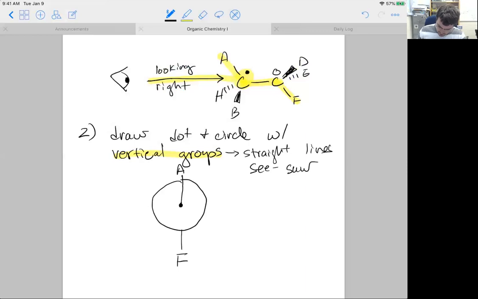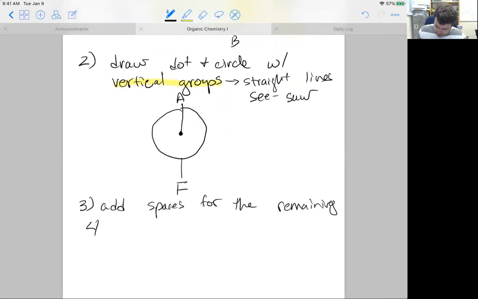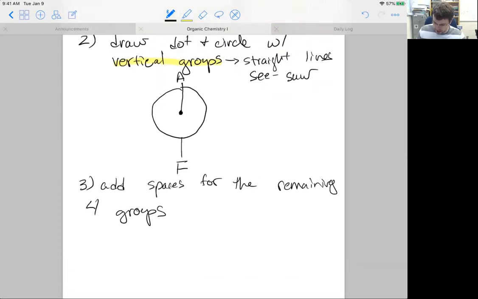So then what we do is we add spaces for the remaining four groups. And this is something that I do because it makes sure that my Newman projection is fundamentally correct. That is, if I have a dot in a circle and A is pointing up because it's vertical up, F is pointing down because it's vertical down, I now know enough about my Newman projection that on the dot, I'm going to have a down and to the left, a down and to the right position.